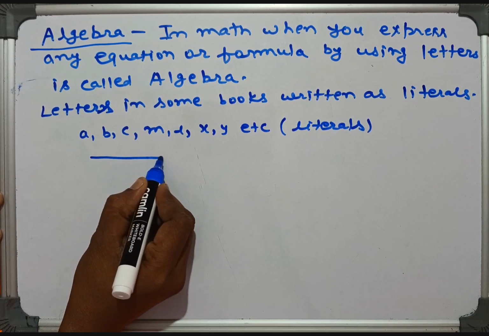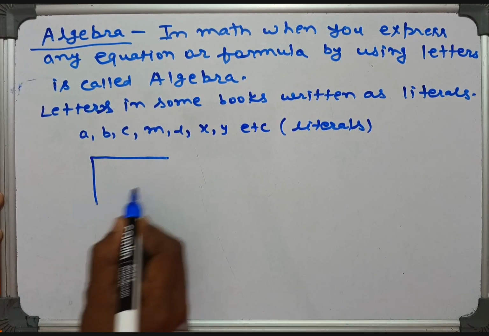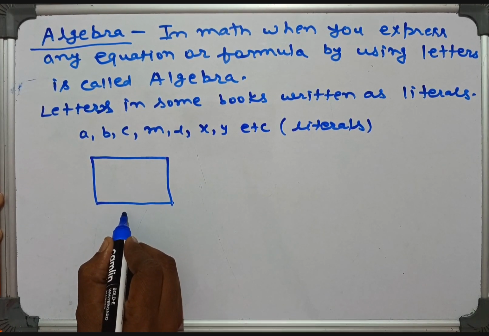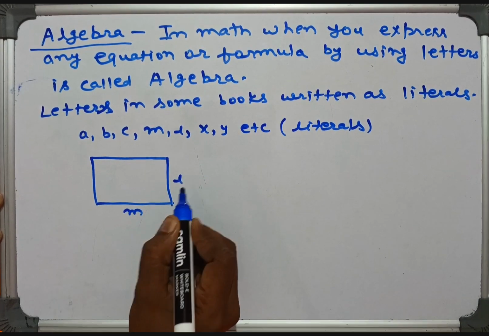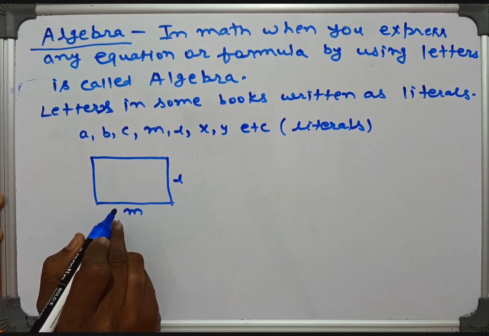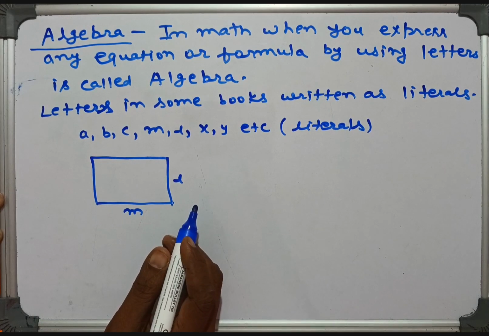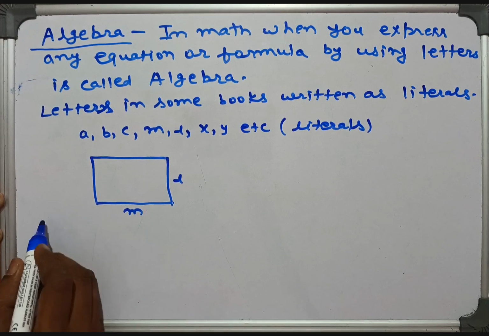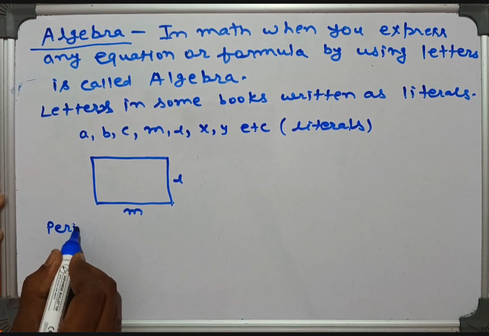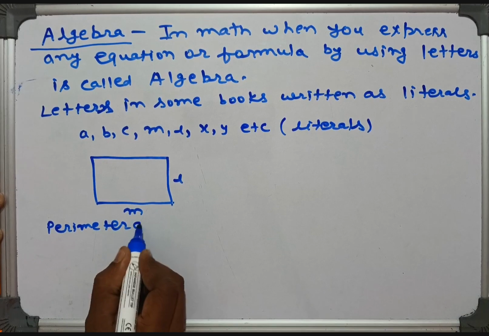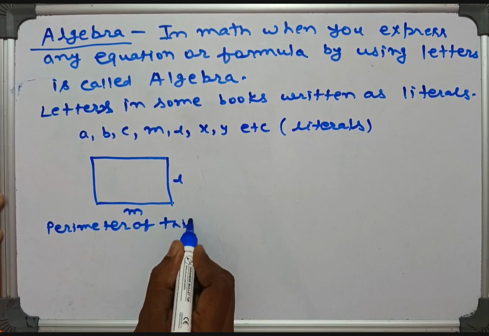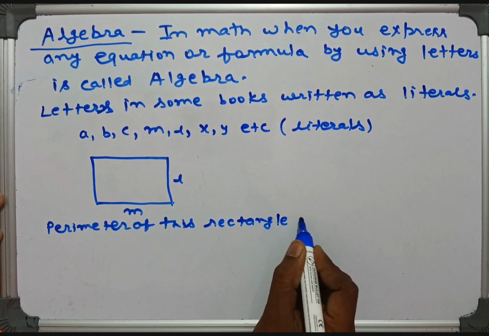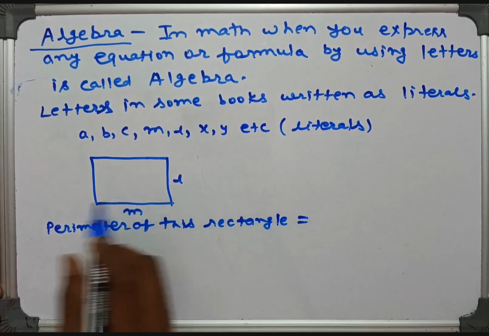Consider a rectangle. Suppose M and L are the length and breadth of this rectangle. Then the perimeter of this rectangle is equal to what?